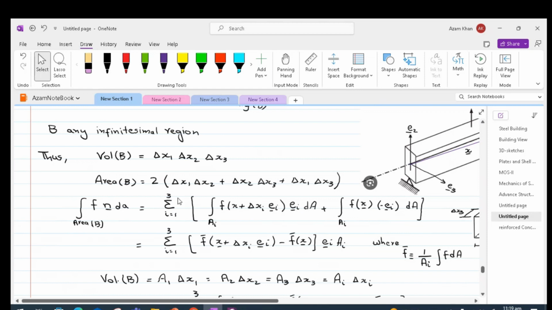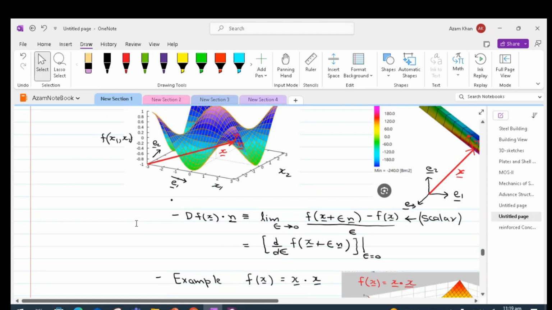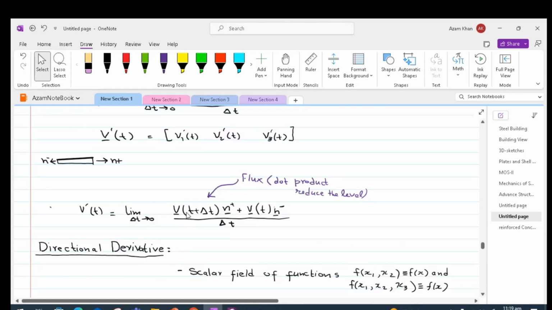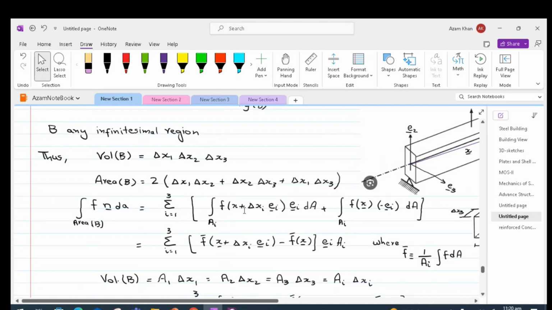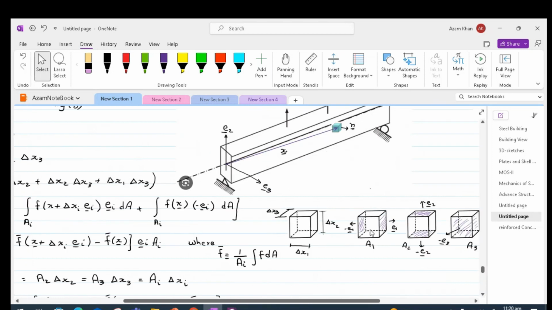Please note that this is similar to what we had in the single variable setting where we had a vector at t plus delta t, and that was getting multiplied with the normal vector. So that's why we have the function value. We are taking the step in the ith direction, where ei can be either e1, e2, e3, and then we multiply that with the normal vector and dA, which is the area of this cross section.